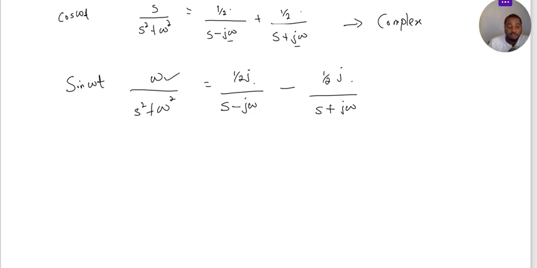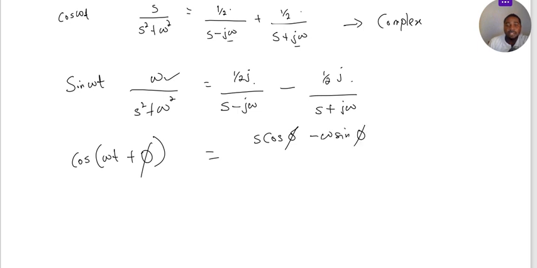Then when you have cos omega t and you have just a shift, this is going to give you s cos phi minus omega sine phi, right, upon s squared plus omega squared.